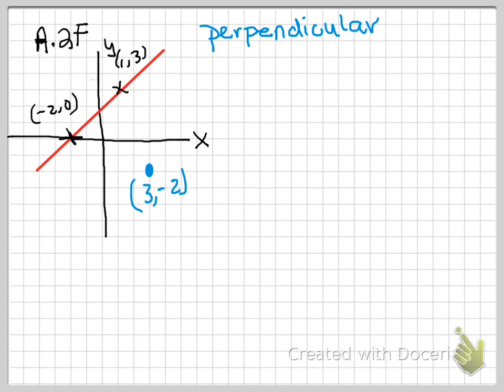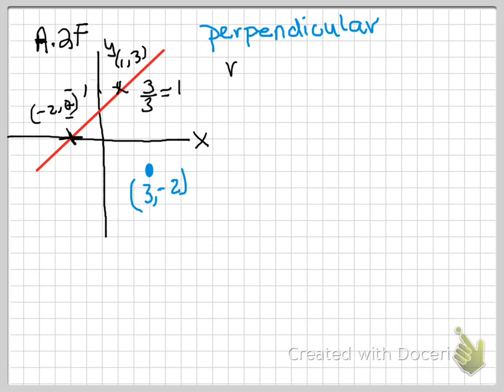If I use rise over run, we could say up 1, 2, 3 over 1, 2, 3, over 3 to the right. So that would be the slope of 1.